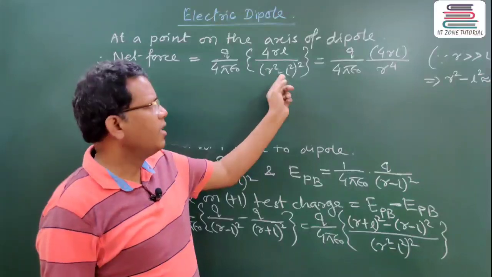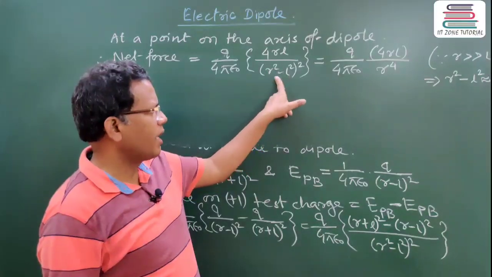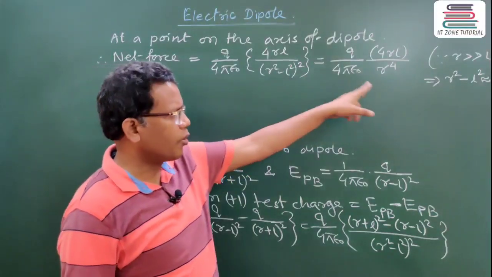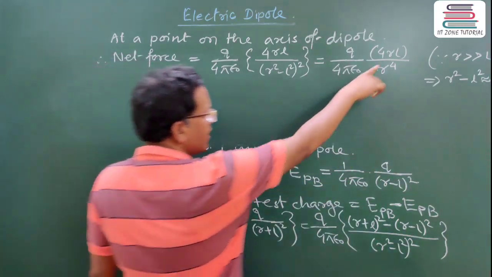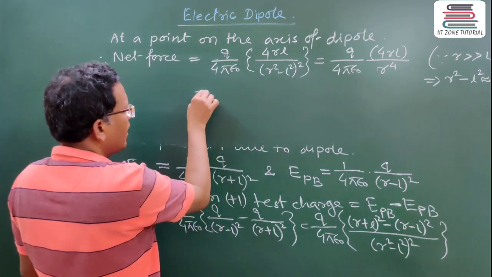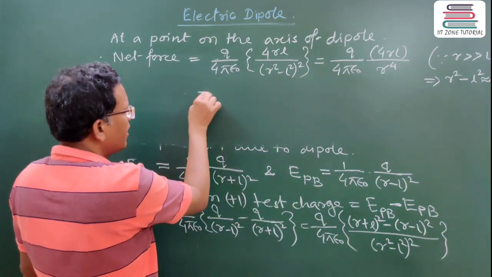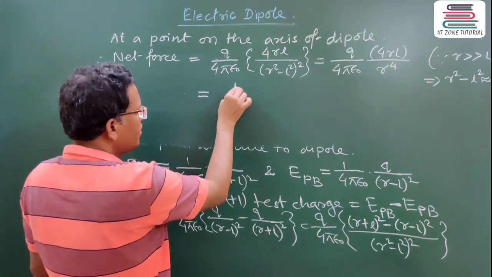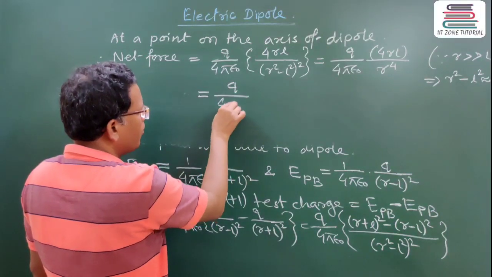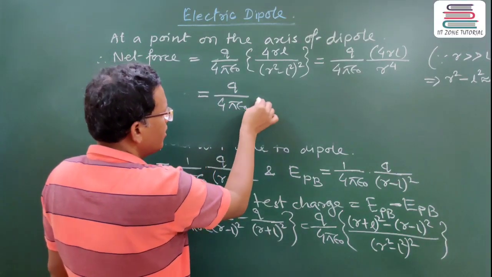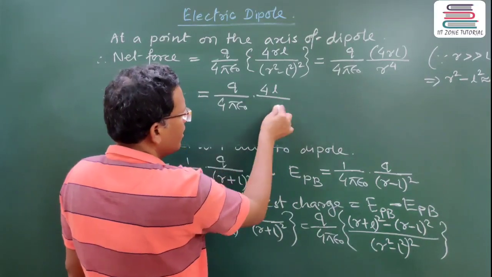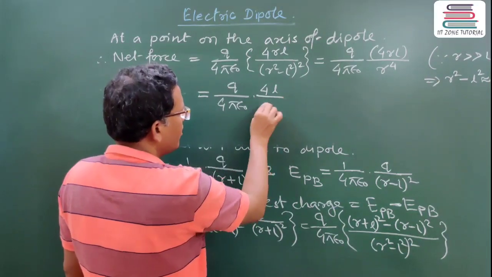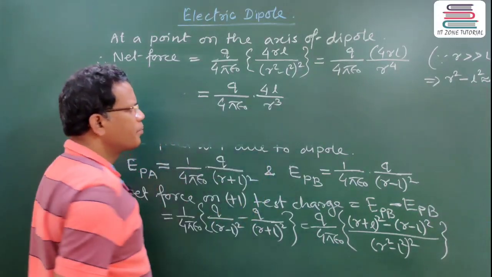So (R square) to the power 2 is ultimately R to the power 4. Then we can cancel out one R, and finally we can write Q by 4 pi epsilon naught into 4L divided by R cube.